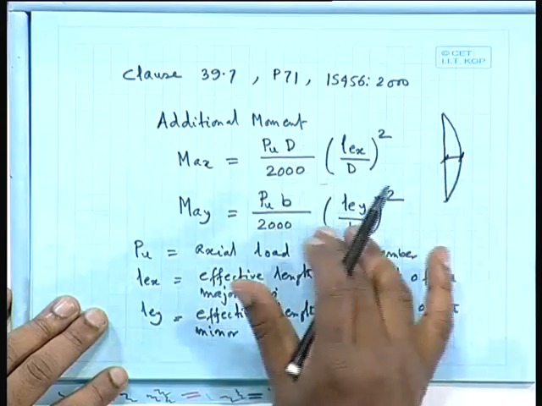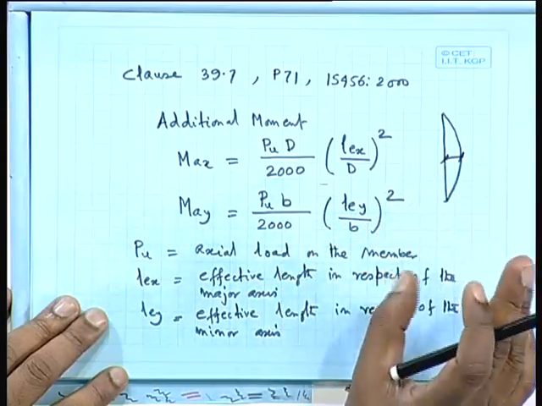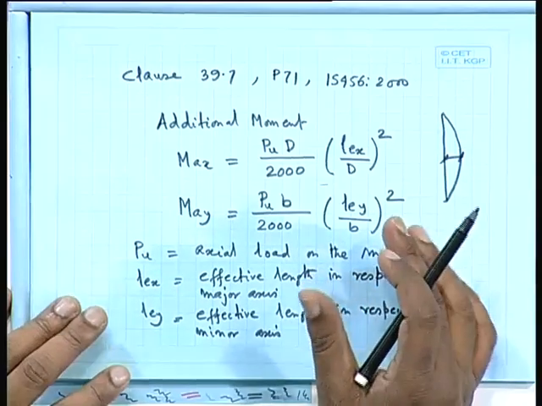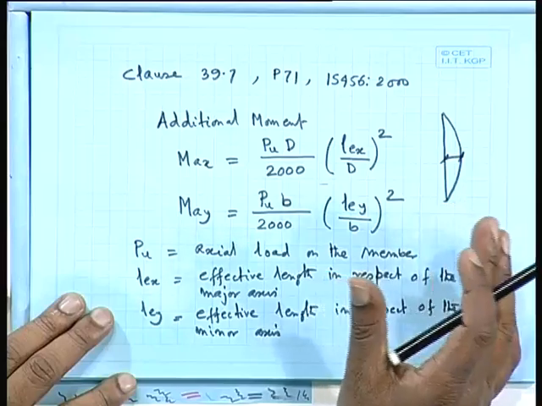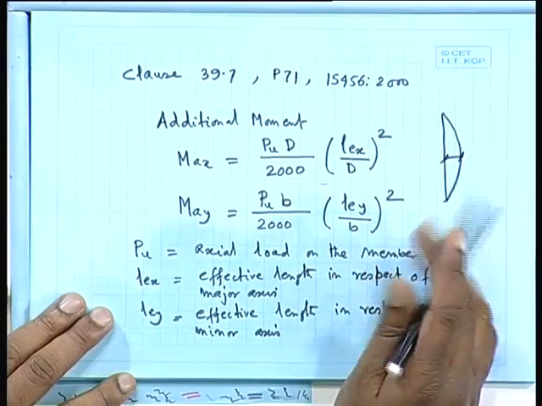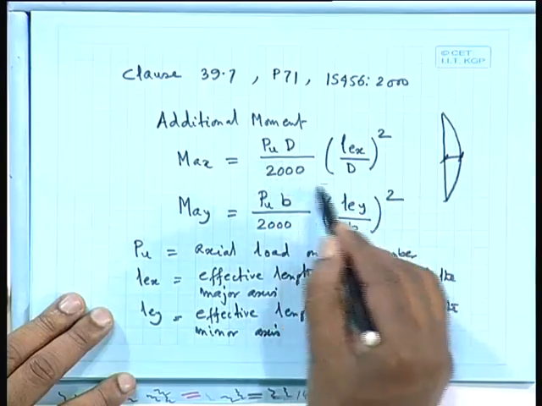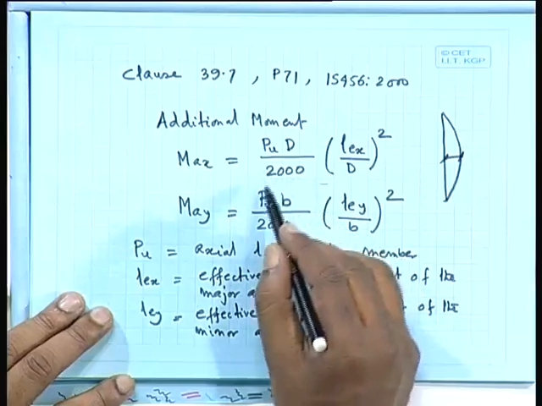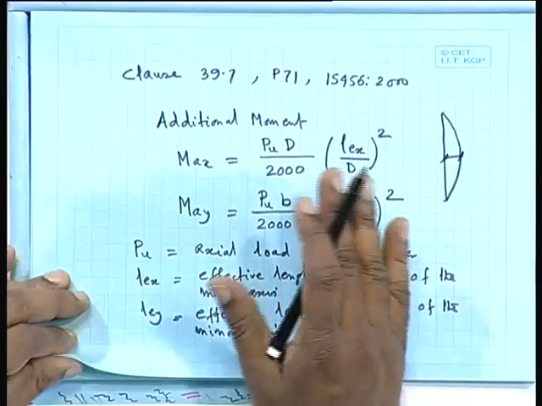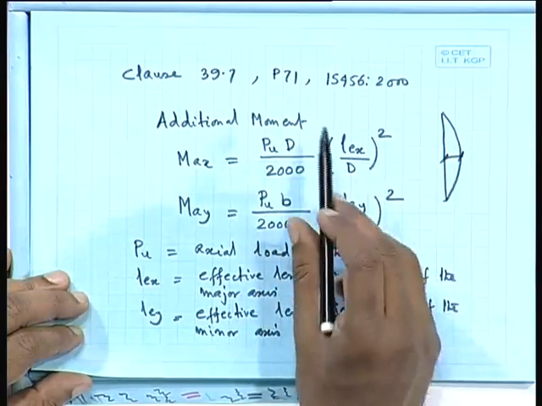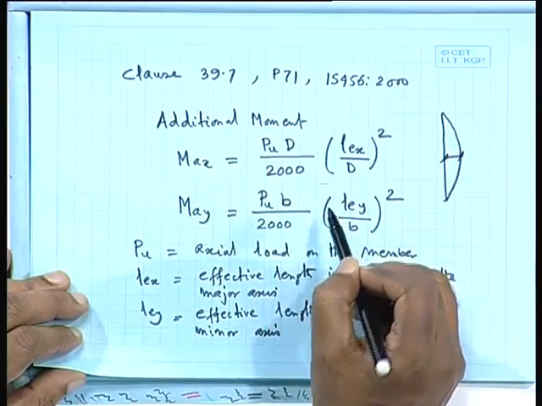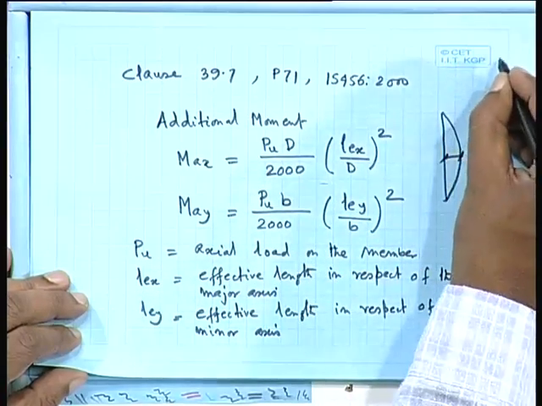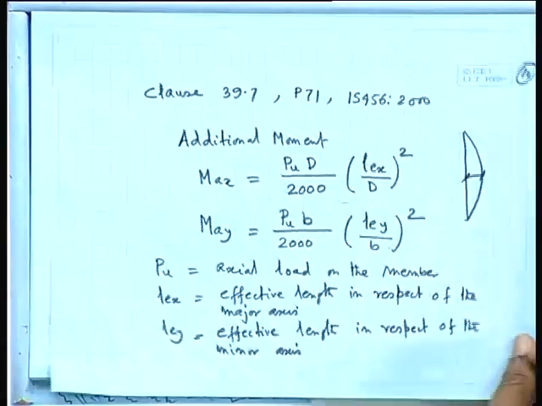But our code says this one: for a particular case, if it is a hinge condition, then your value will be different; if it is one end fixed, other end hinged, the value will be different. But here our code gives it in this fashion, so that we can take almost an equal value in all the cases, in the maximum possible cases, and we consider this as a safe design. Okay.